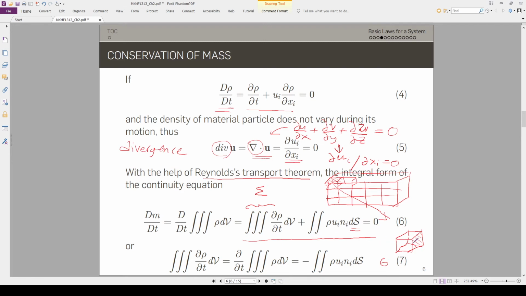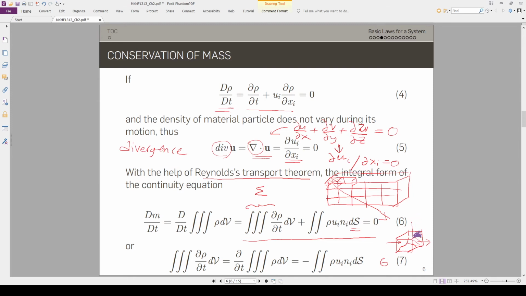The mass balance between the flux passing through these two control surfaces in the x direction should be in balance.